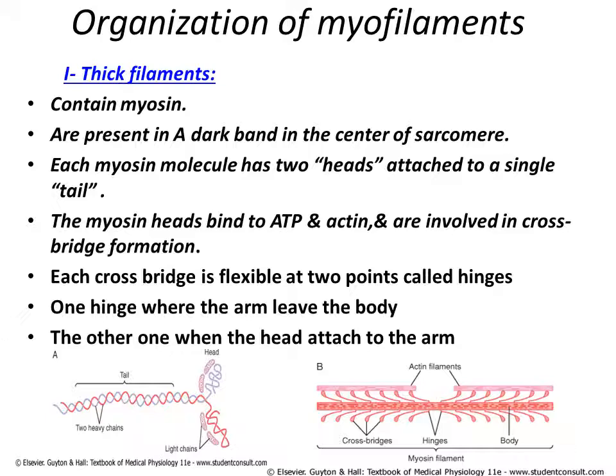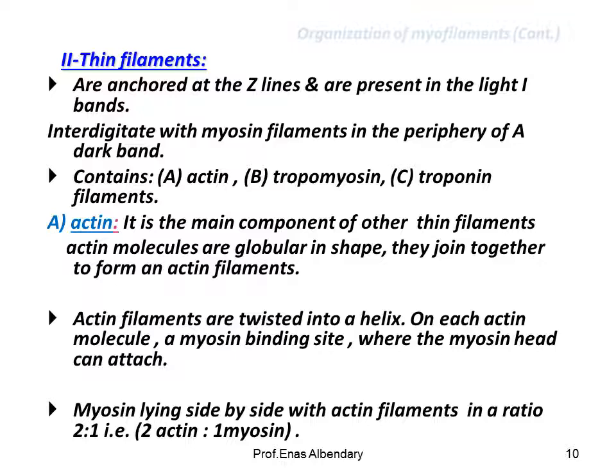Okay. Thin filaments are anchored at the Z lines, or in other words the Z line fixes thin filaments, and are present in the light I bands, okay, interdigitating with myosin filaments in the periphery of the A dark band.